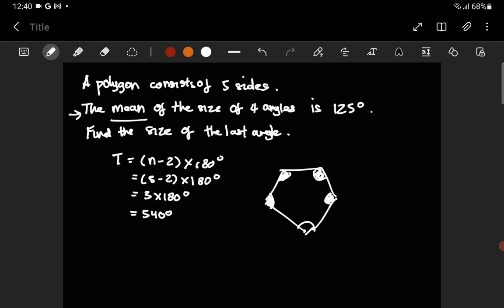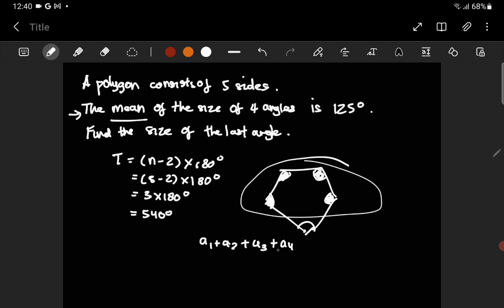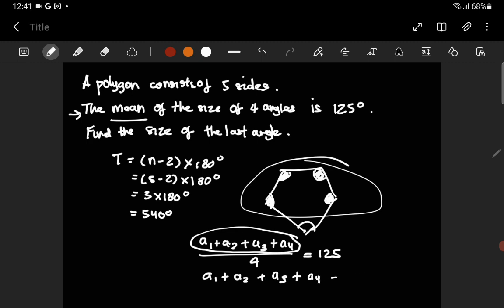Then by knowing that fact, we will be able to get the sum of 4 angles. I will write it like angle 1 plus angle 2 plus angle 3 plus angle 4, divided by 4, would be equal to 125. And then we are able to know the value of this: A1 plus A2 plus A3 plus A4 will be equal to 125 times 4.